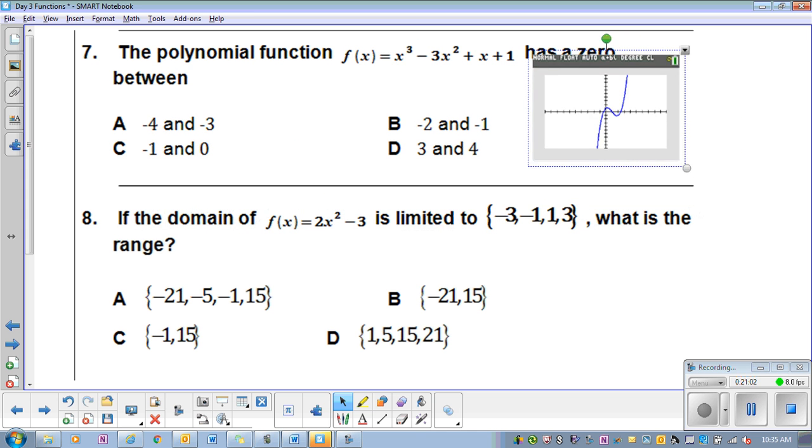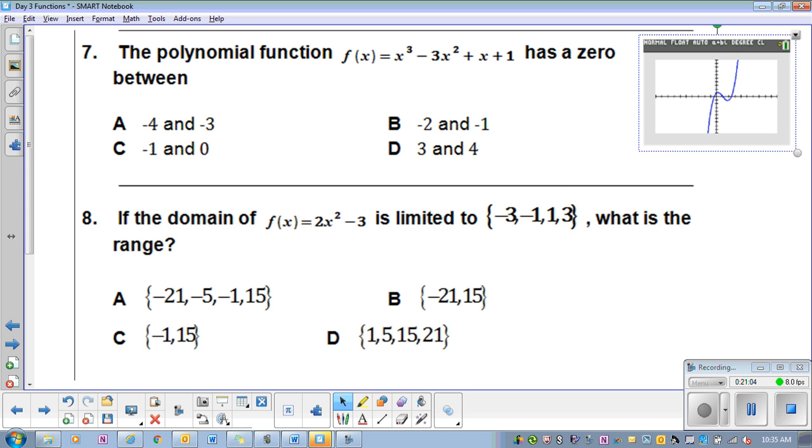Okay. So look, you do have a 0 between what two numbers? -1 and 0? Right? Looks like -1 to 0. Because there's one right there, and there's one right there. Looks like it's at 1 though, right?